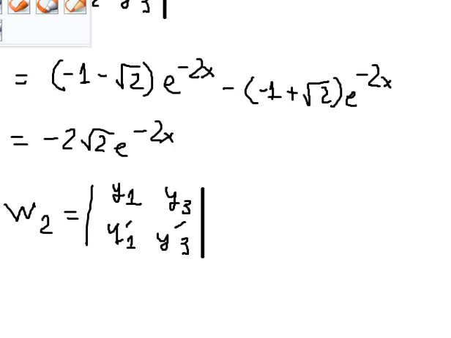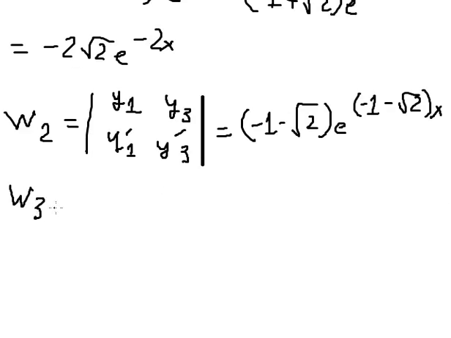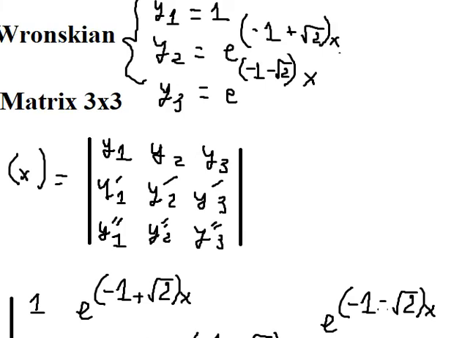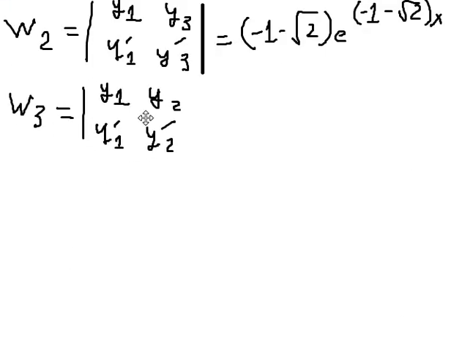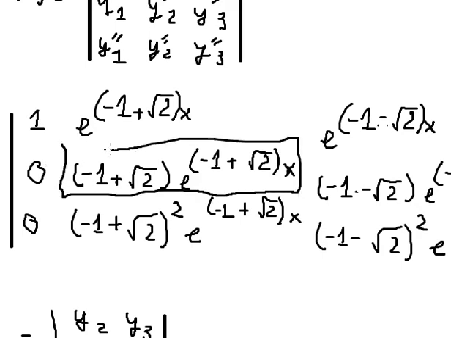So we just have it like this. And Wronskian number 3, that is this one. If we look in here, number 1 will go to this one, number 0 with this one, so we just have this one in here.